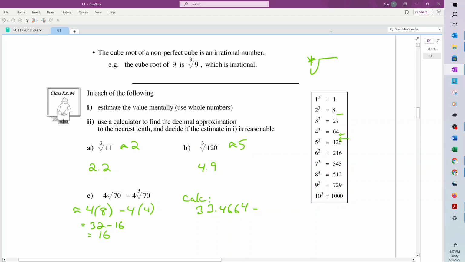Otherwise, you can end up with something that's not quite accurate enough. All right, 16.4851. And then when I do that calculation, I get 16.9813, which I'm going to round to 17.0. And I should have that 0 there if I'm rounding to the nearest tenth.